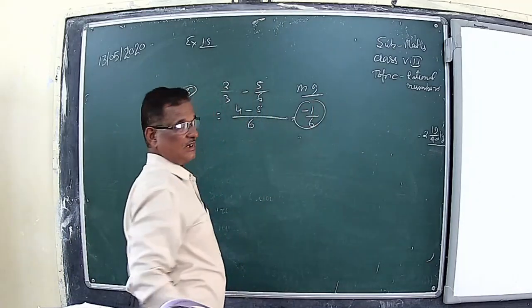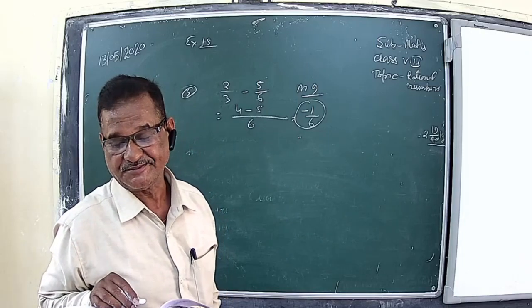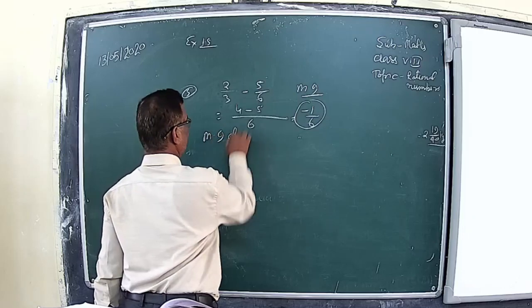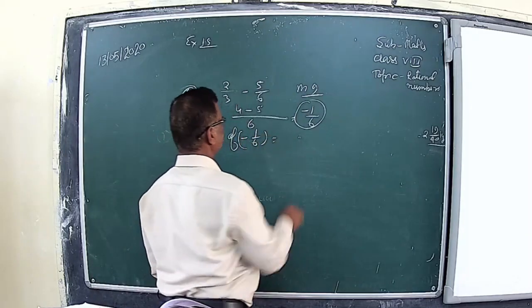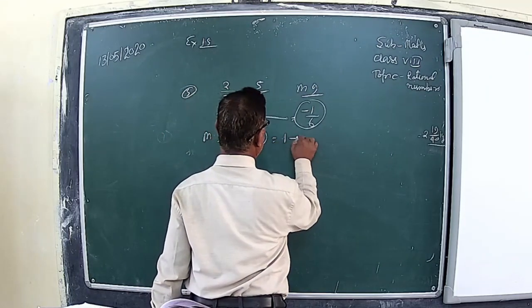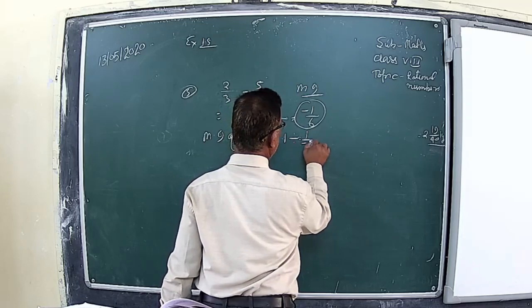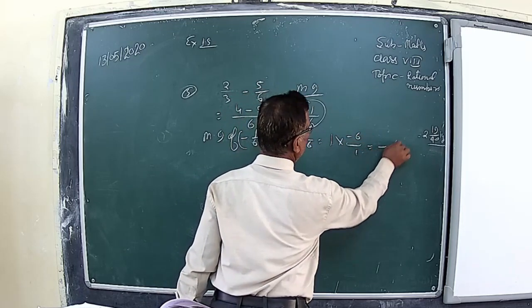Asking the multiplicative inverse of minus 1 by 6, which is minus 6. So the multiplicative inverse of minus 1 by 6 is equal to 1 divided by minus 1 by 6, that is 1 into minus 6 by 1, is equal to minus 6.